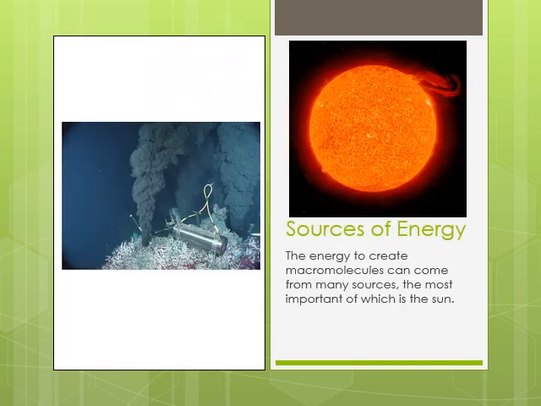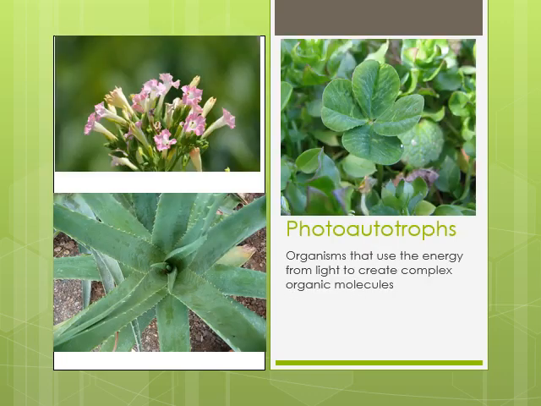By far, the most abundant source of energy for the biosphere is the sun. It's important to pretty much everything. We get a lot of the energy we need to survive from the sun, but we don't get it directly from the sun. Other organisms can get it directly from the sun. That leads me to the photoautotrophs.